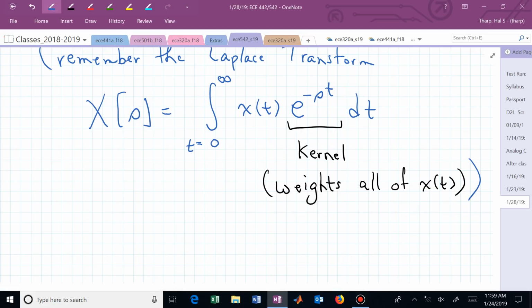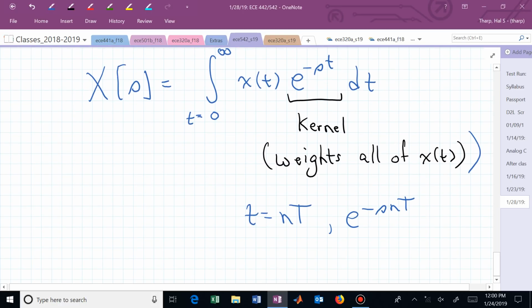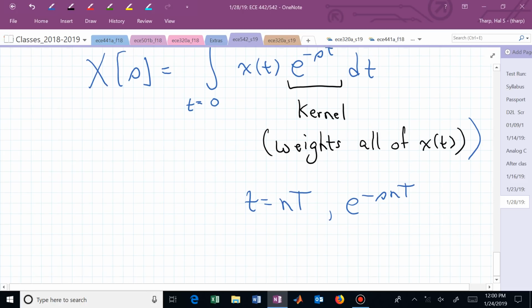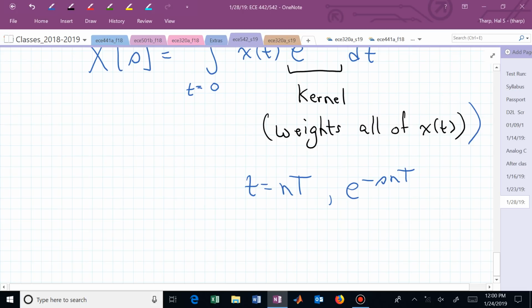Well, to sample, we typically are saying, well, let's now just look at x at particular discrete time intervals, or discrete intervals of capital T. So now we're looking at t equal to little n capital T. That's how we would sample little x of t, but if we now use that same sampled structure for t in this complex exponential, now we have e to the minus s n T, replacing little t with little n capital T. And we can now play around with the exponent because it's just now a product of three terms.